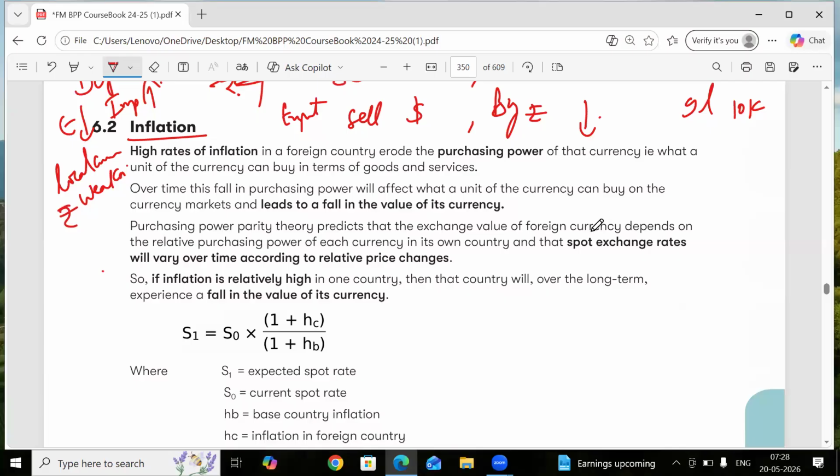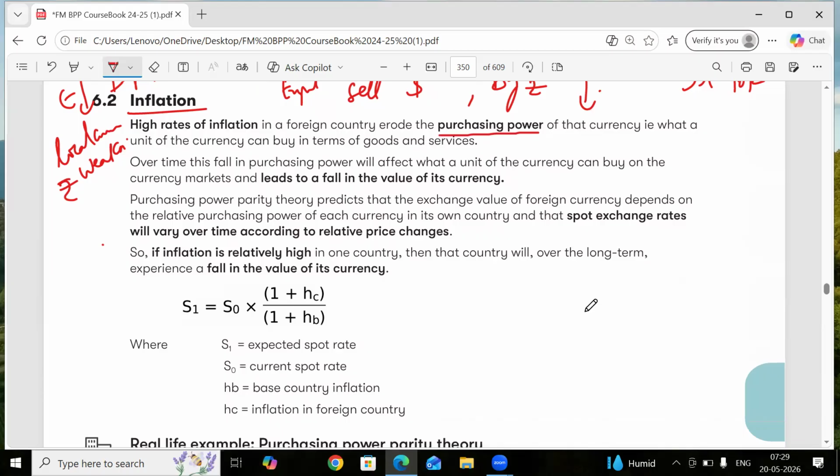Inflation. What can inflation do? Inflation can reduce the purchasing power of your currency.